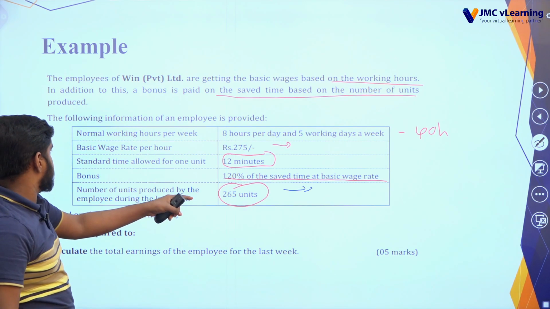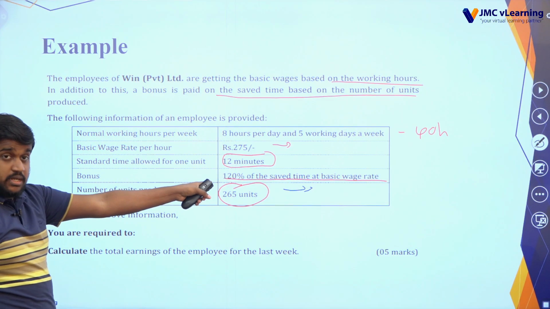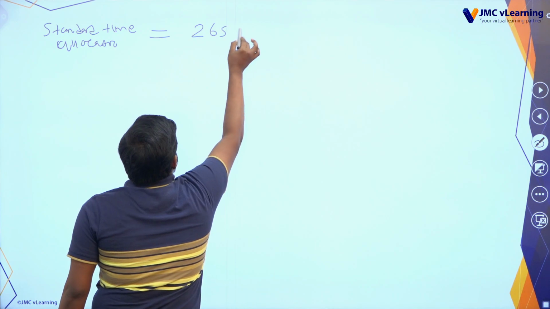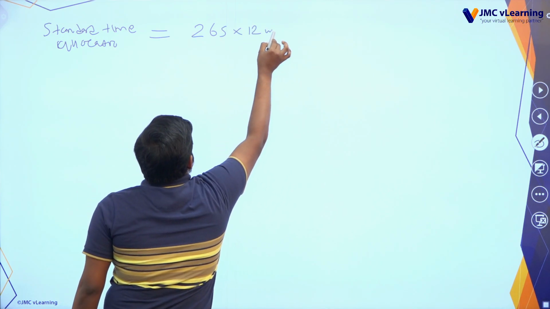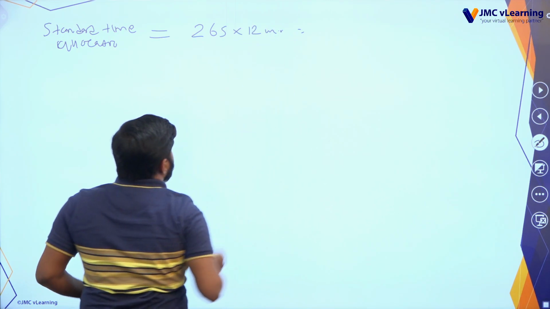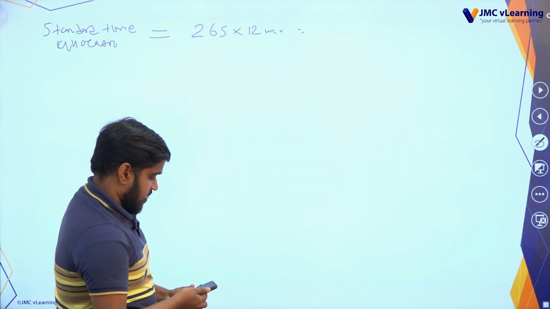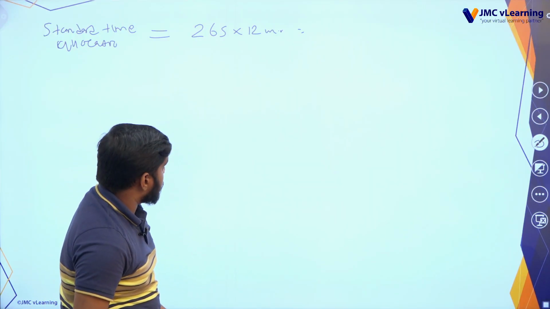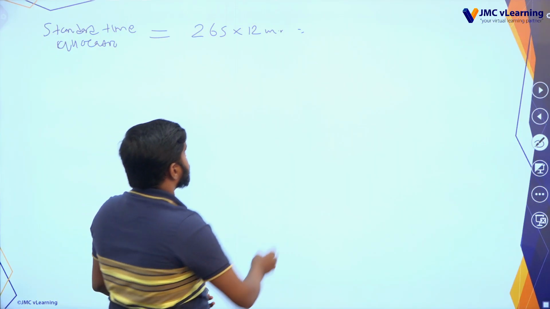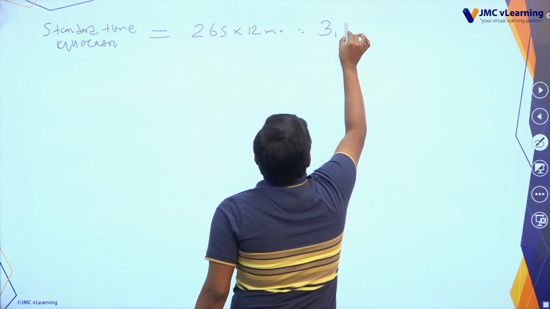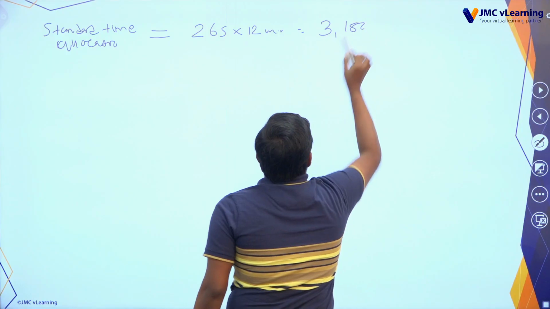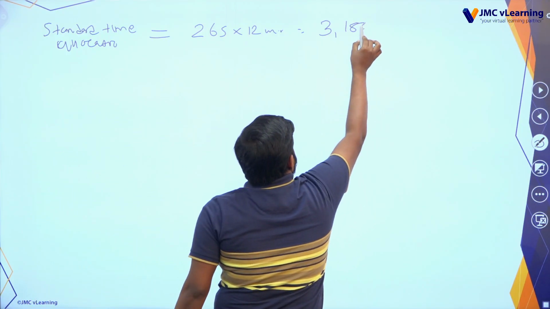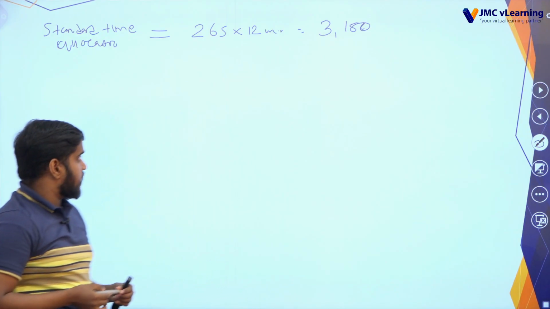As per the information, the standard time allowed for 1 unit is 12 minutes. Therefore, we multiply 265 by 12 minutes to get the total minutes. 265 multiplied by 12 is 3,180 minutes.